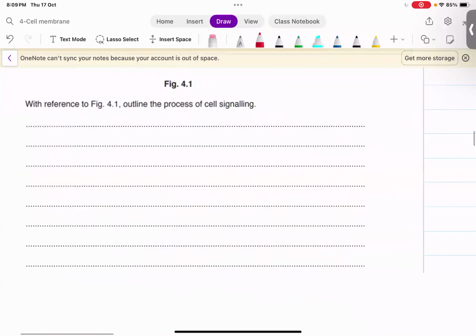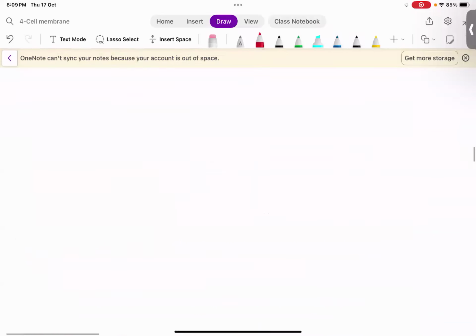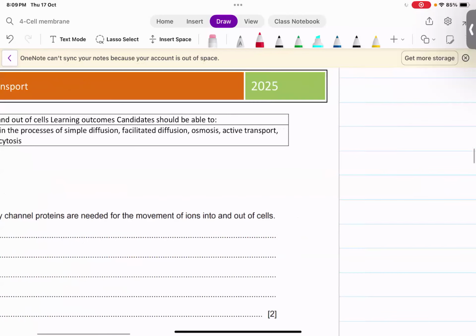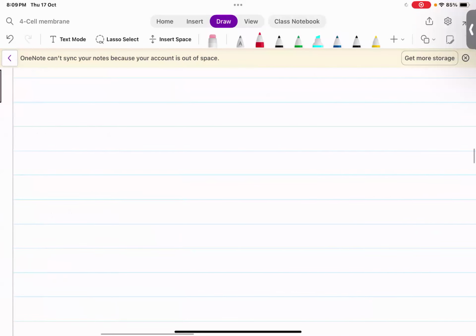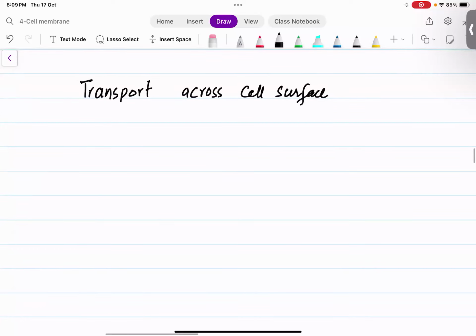So let's see. Transport across cell surface membrane.